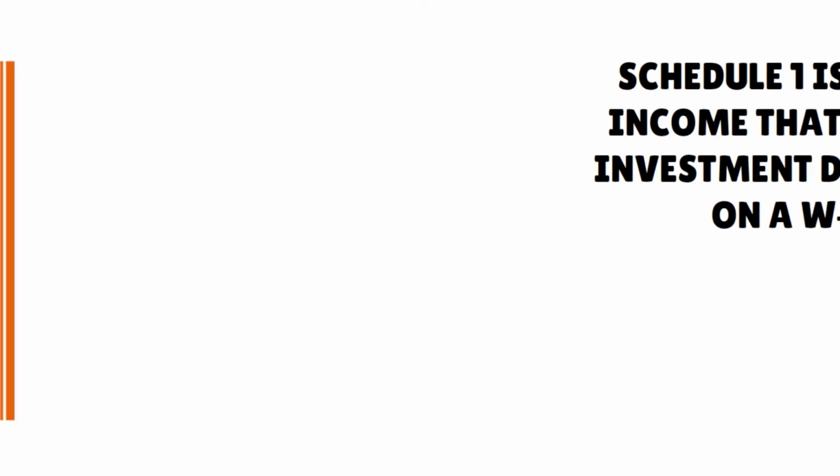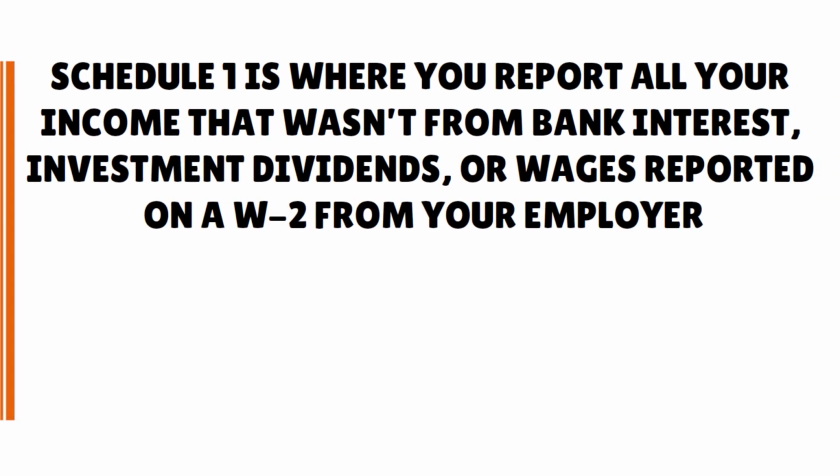And so the key takeaways here are that Schedule 1 is the form where you report all your income that was not from bank interest, investment dividends, or wages reported on a W-2 from your employer. So any income that doesn't fall within the three categories I just said, then you can report that on Schedule 1. So that's the first part of this takeaway.